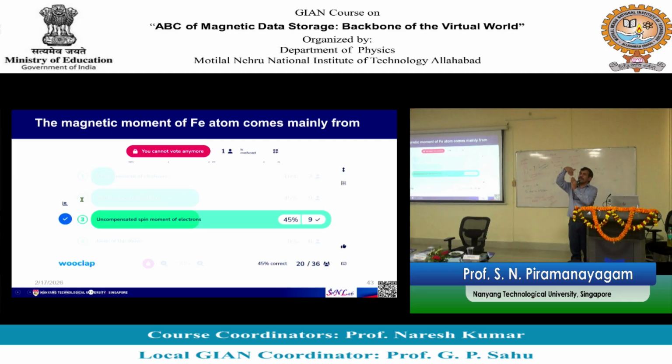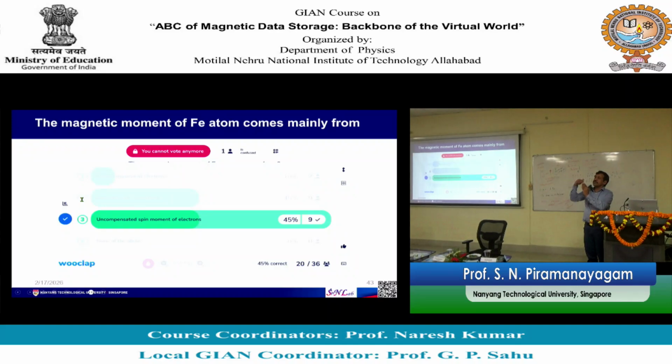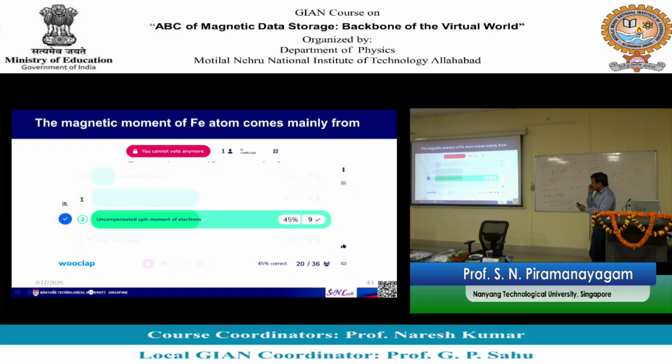So, this is compensated, but if there is more up spin and less down spin, especially in the 3D shell, you have 5 up spin and 1 down spin, okay, which means this is already compensated, this does not come into picture.